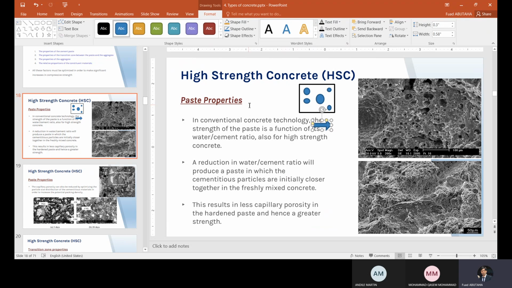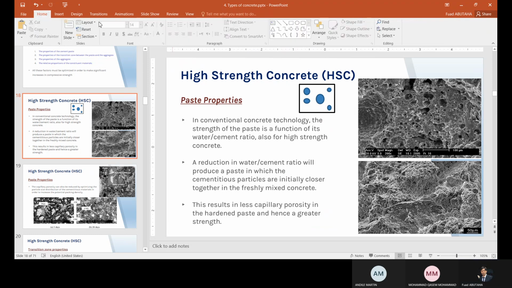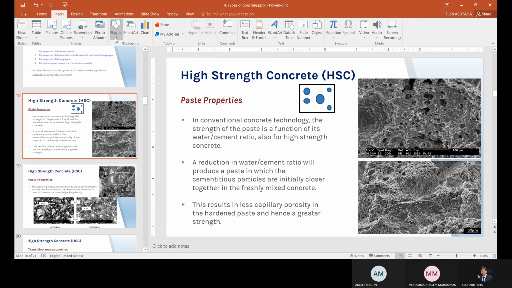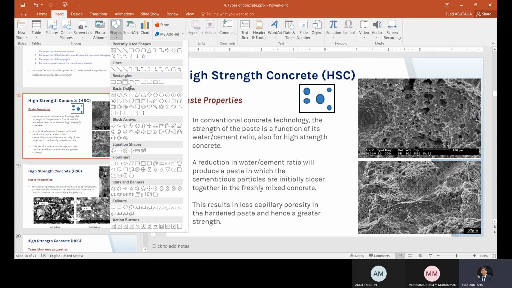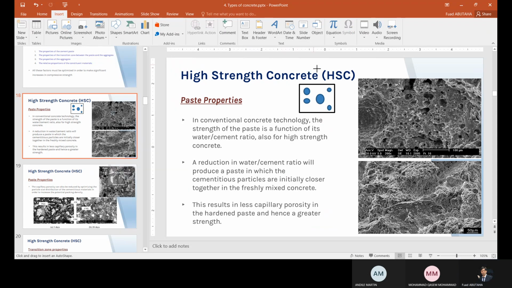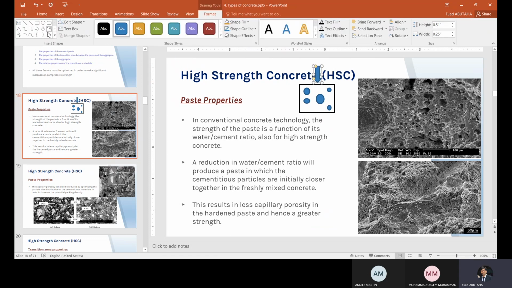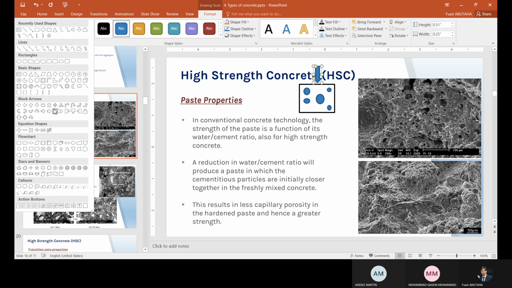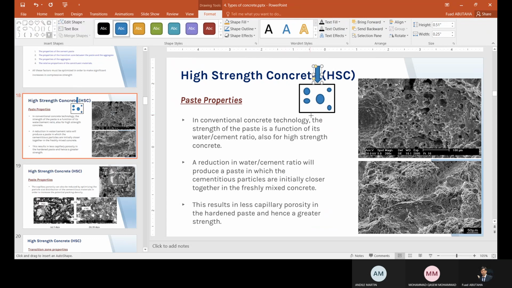We start to apply an axial load to the concrete in the machine.